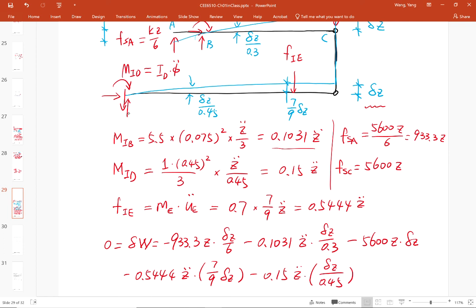The reactions and this vertical inertial force, again, none of those do work because there's no displacement under this virtual displacement delta Z. And let me do a final double check, make sure that I have all the terms covered correctly.